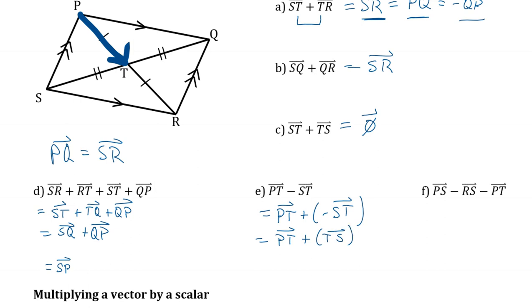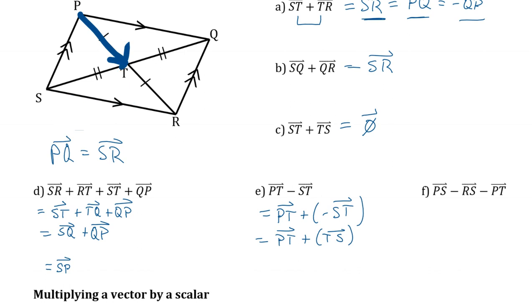So if I'm adding a negative, or I change it to adding the negative ST, which is TS. So I'm not subtracting TS, I'm adding TS. ST goes this way. So if I subtract it, I'm going the same magnitude, but I'm going this way, which is adding TS.